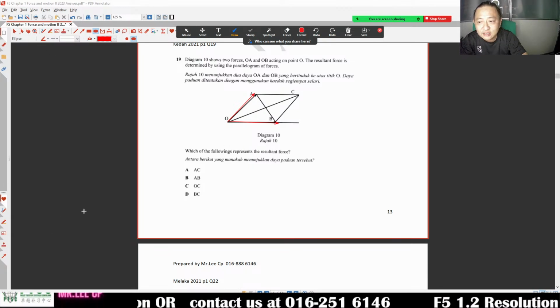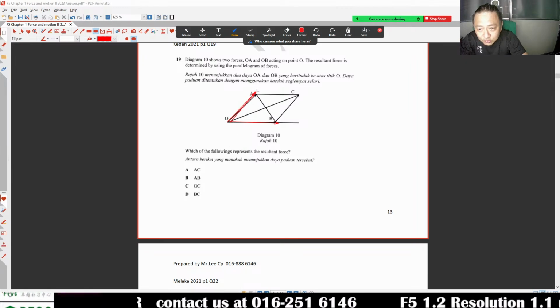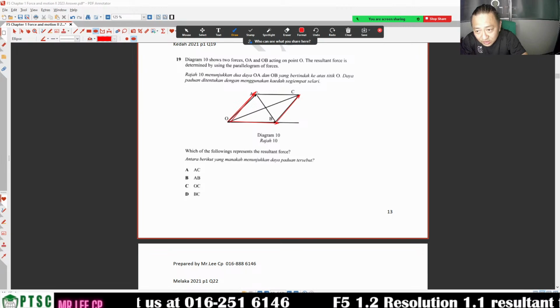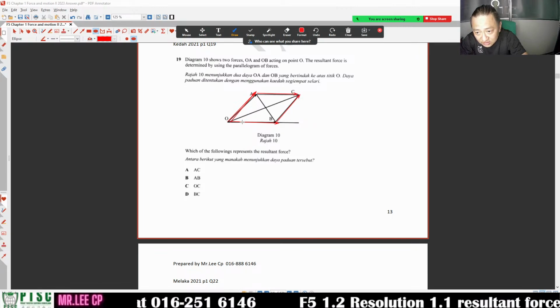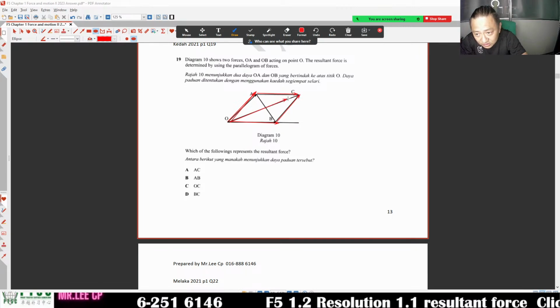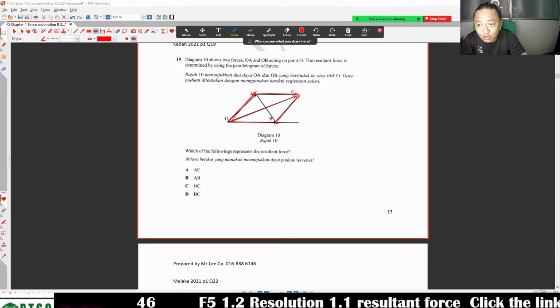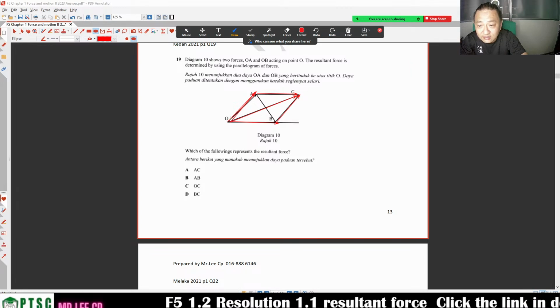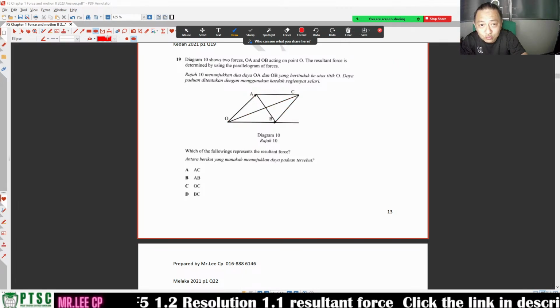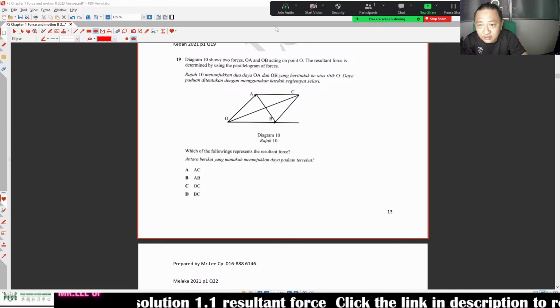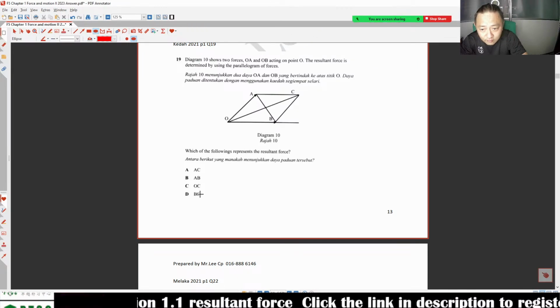A, B, C, D. Last week we used the cosine rule to calculate the resultant force. The answer is O to C. Is that okay?